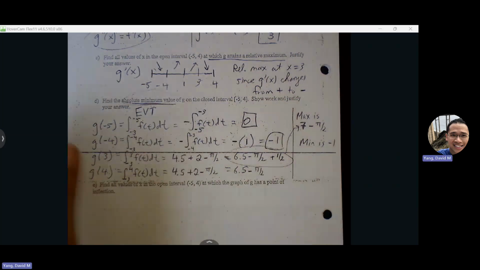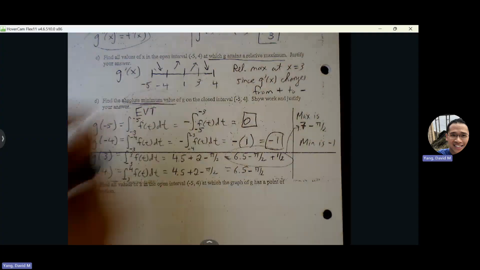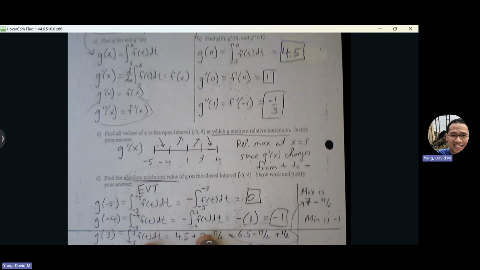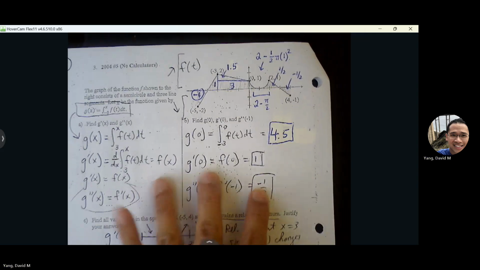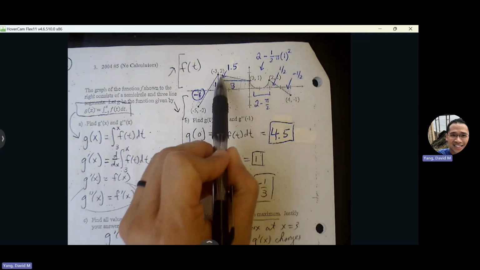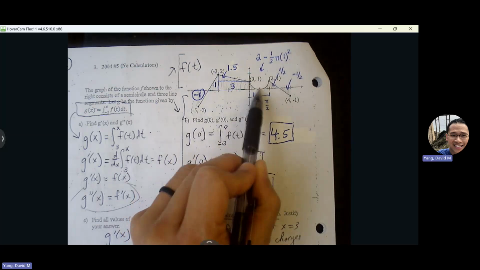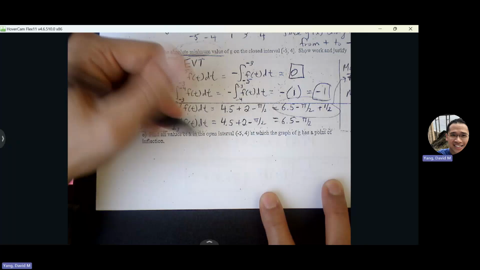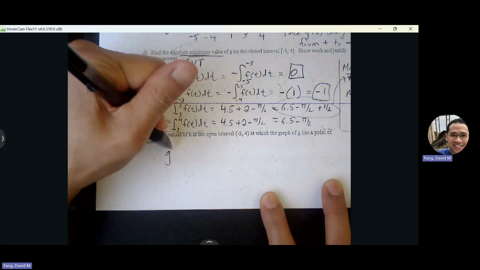Okay, bottom of the page here. Find all the values of x where the graph has a point of inflection. We know that if we're looking at the first derivative graph, points of inflection are basically the peaks and valleys. So let's just create a concavity sign line based off of g prime.